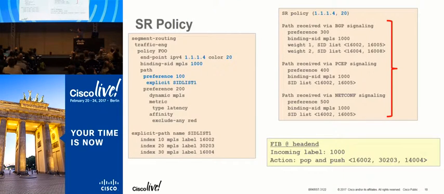But I might have as well a local path. The source of the path for a policy does not matter. The only thing that matters for the selection of the best path for the policy at a point in time is that the path must be valid and it has the best preference. Okay? So in this example, this is the most preferred one because it has the lowest preference.